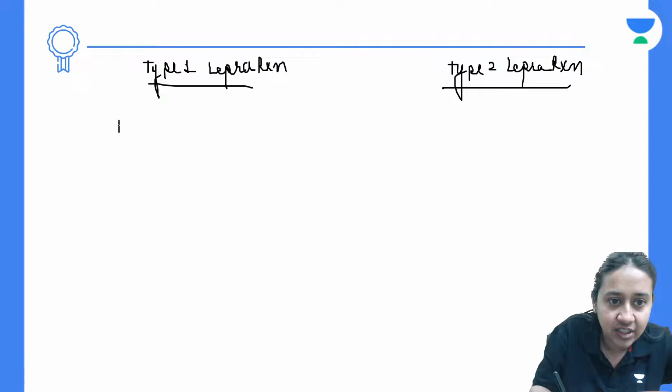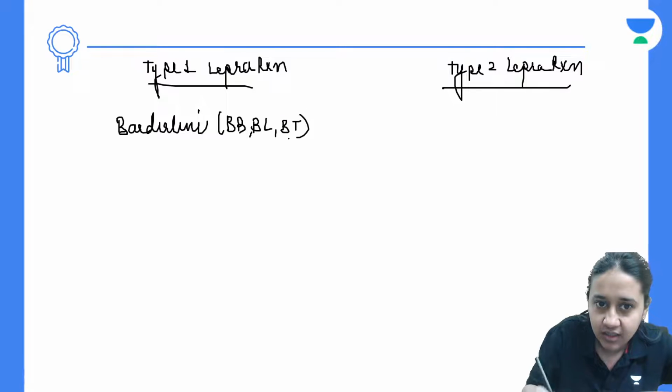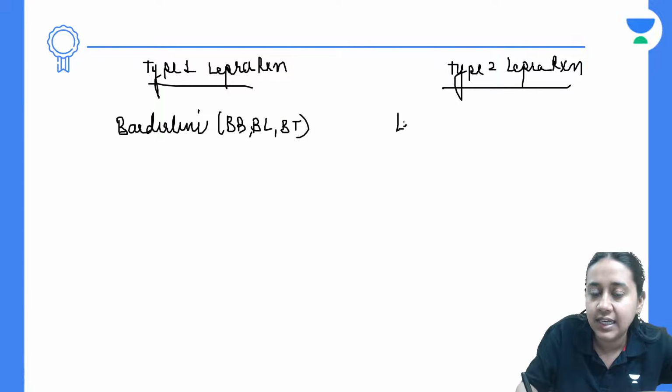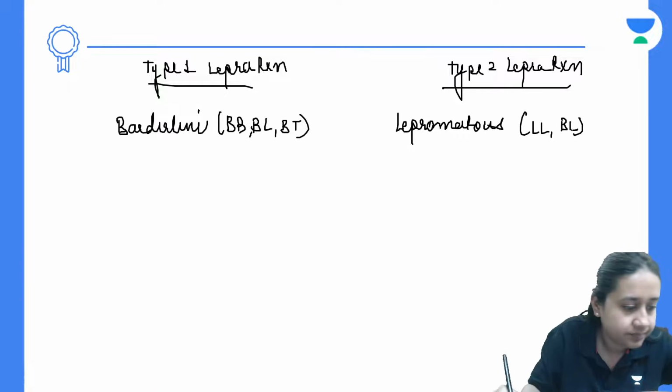Type 1 lepra reaction occurs mainly in the borderline leprosy, that is BB, BL, BT, while the lepra reaction type 2 occurs in the lepromatous pole, LL, BL.